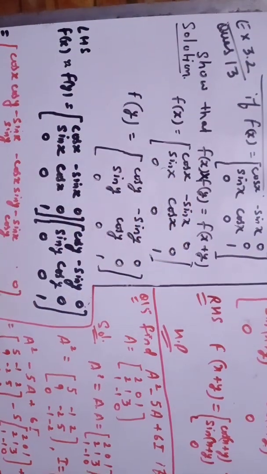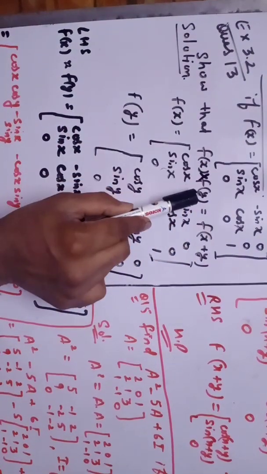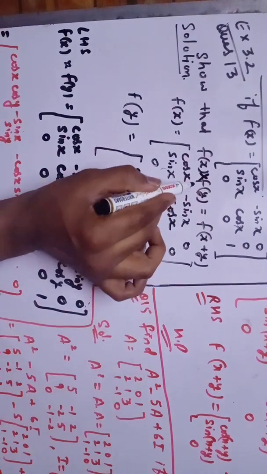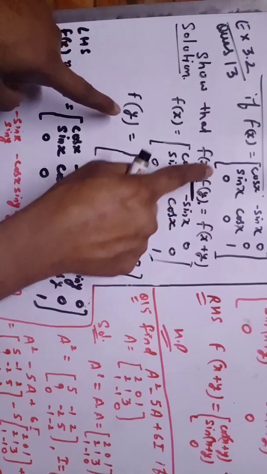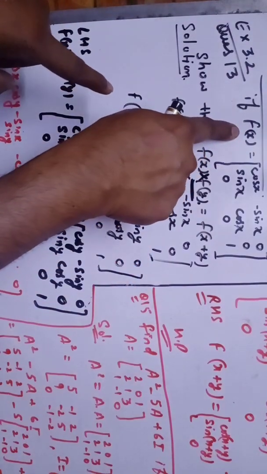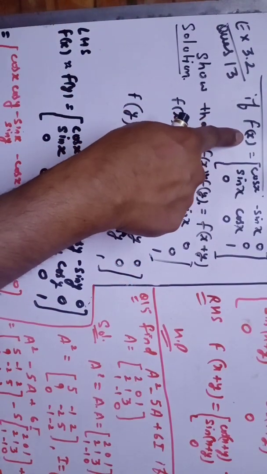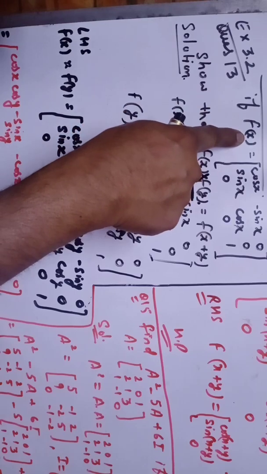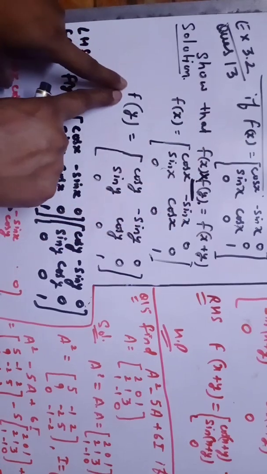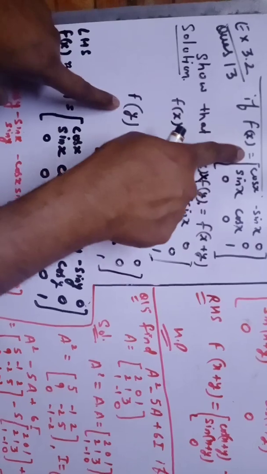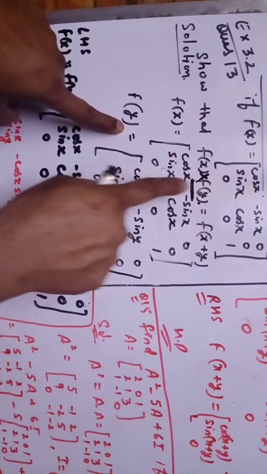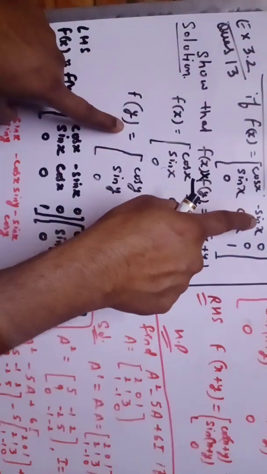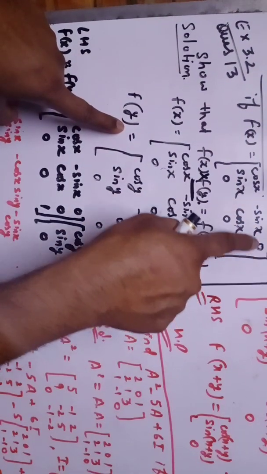If we want to convert the variable, that is, to find F(y), we are changing x, placing y in place of x. So F(y) is equal to cos y, minus sin y, 0.